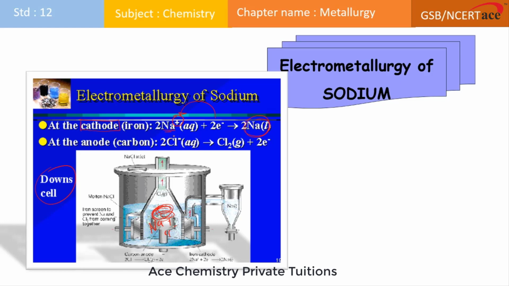Its opposite ion, Cl-, since it has a negative charge, gets attracted to the anode, which is made up of carbon, that is graphite, one of the allotropes of carbon. So this Cl- loses electrons, and it gives a gaseous product which evolves at the anode. This is the way we extract sodium metal from its salt in the molten state. This process is an example of electrometallurgy.